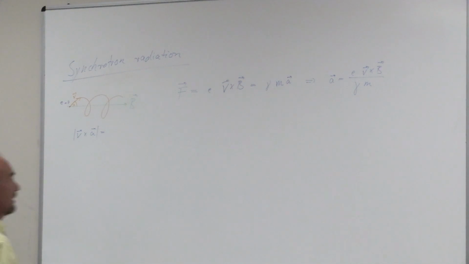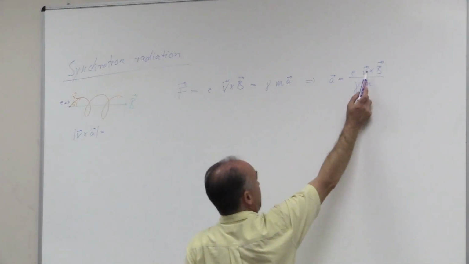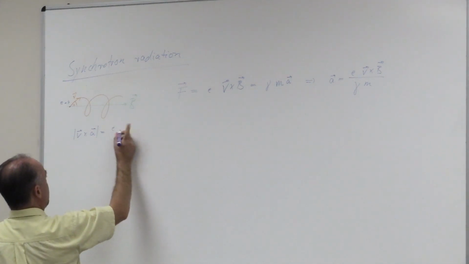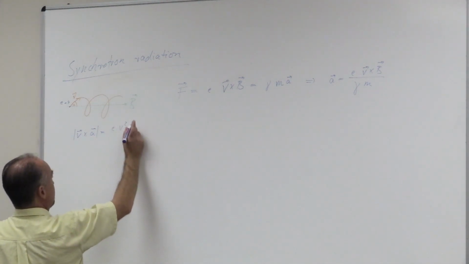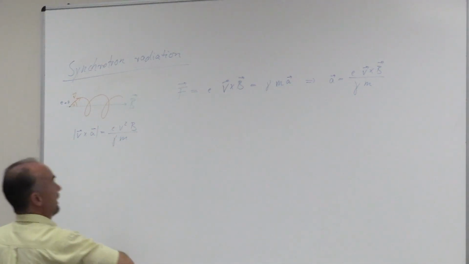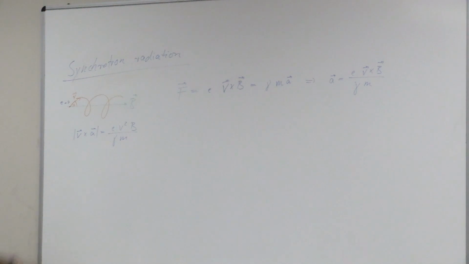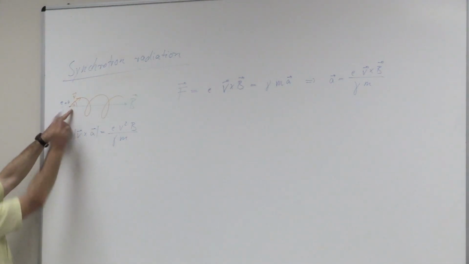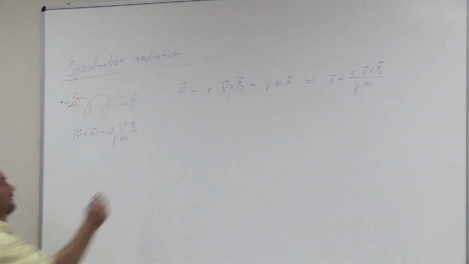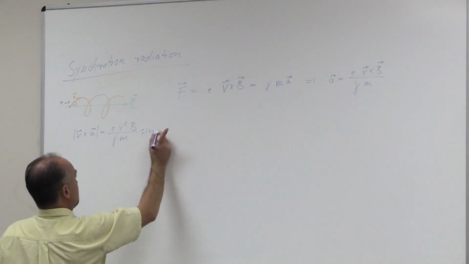So this is the length of a, with one v multiplied, so this is v squared e B over gamma m, and now of course from the cross product the angle alpha comes in, sine alpha.